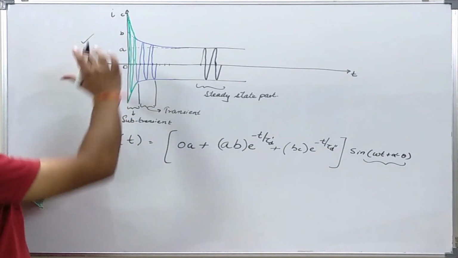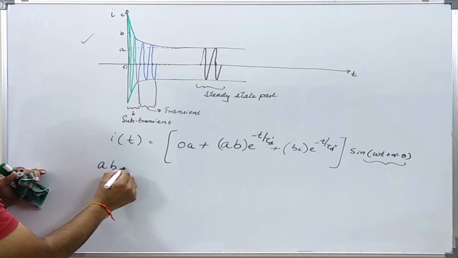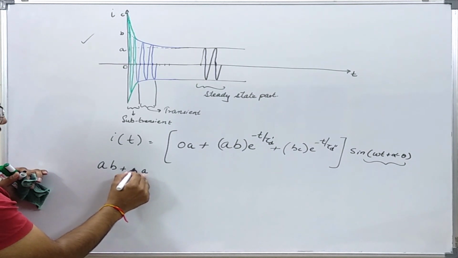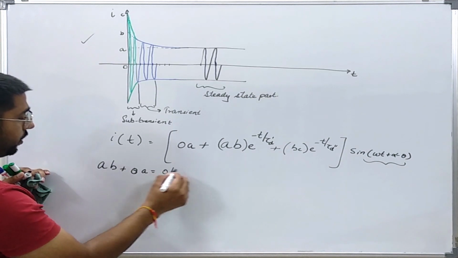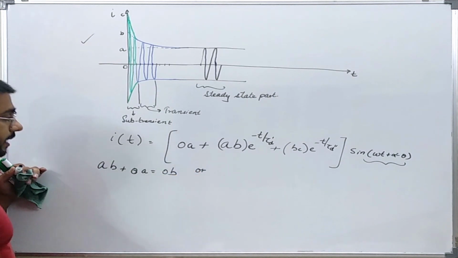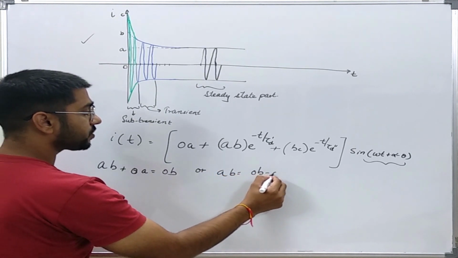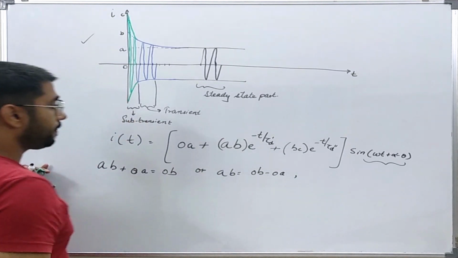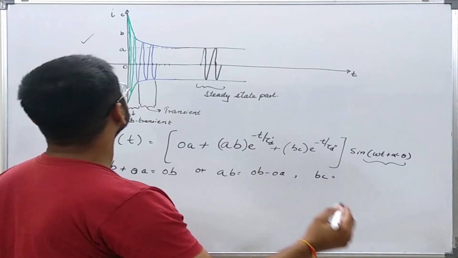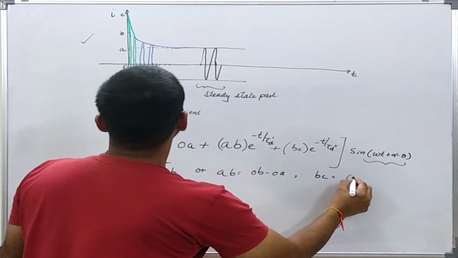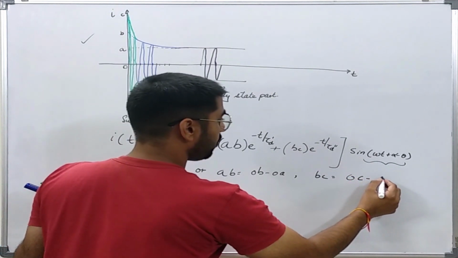Now from this figure I can say that AB plus OA is equal to OB, or I can write that AB is nothing but OB minus OA. Similarly, I can write BC is nothing but OC minus OB.